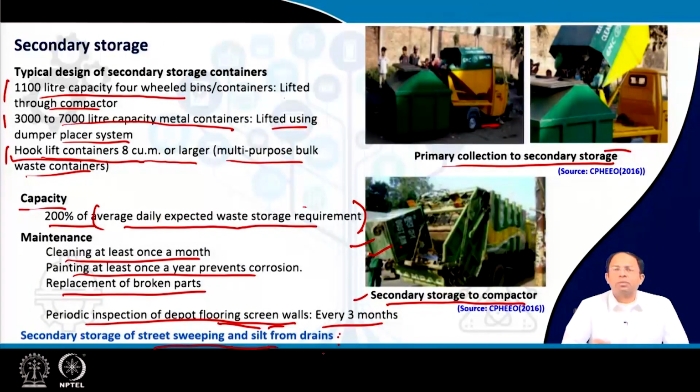Why separate containers? Because this kind of waste can contain a lot of pathogens, as it may contain some amount of sewage, and it's better not to mix it with other waste, because that may be going to the composting plant or to some recycling facility. So it's better to keep this waste separate.